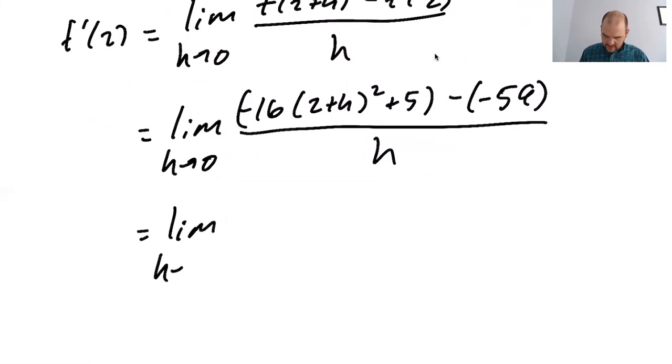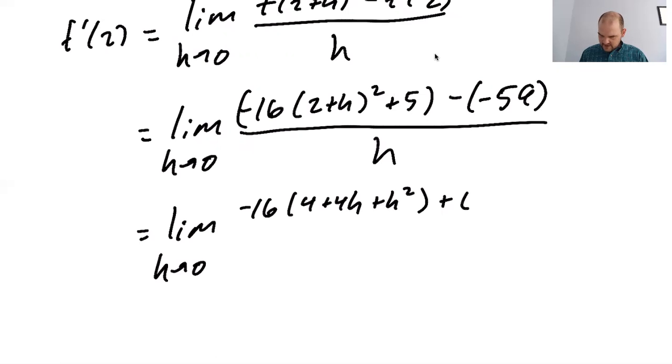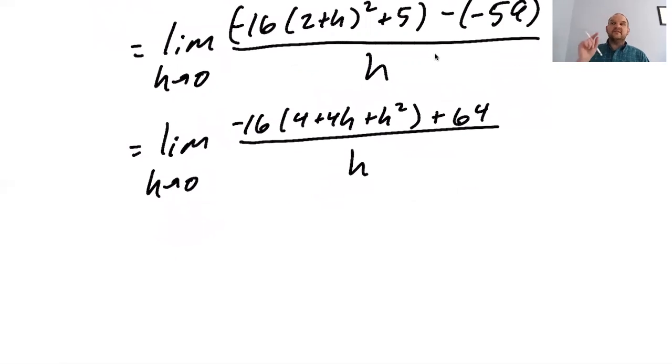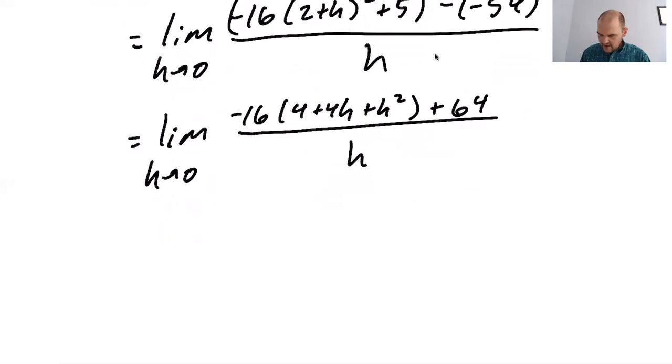Limit as h approaches 0 of negative 16 times 4 plus 4h plus h squared, and then plus 64 again, all over h. We're going to go one more step, but you know that on the next step, if everything that doesn't have an h doesn't cancel out, then you have messed up. Go back, fix it.